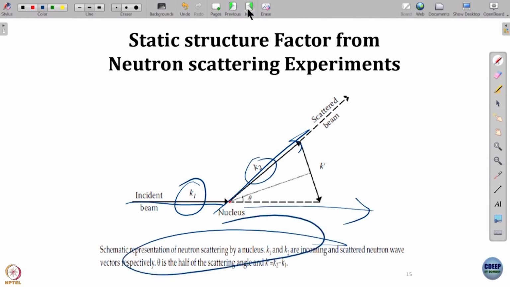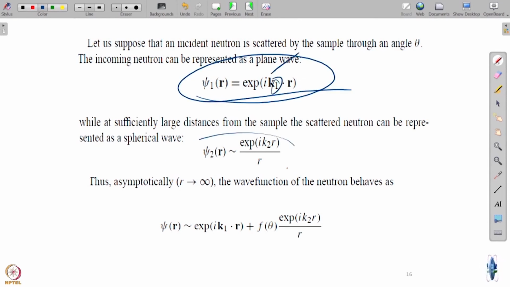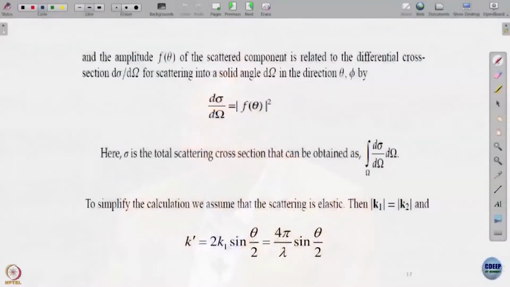The incoming neutron is a plane wave with k_i, and the outgoing is also a plane wave with k_2. Then one can write the total wave function going out as a linear combination of the two. But the most important part comes from the Fermi golden rule.